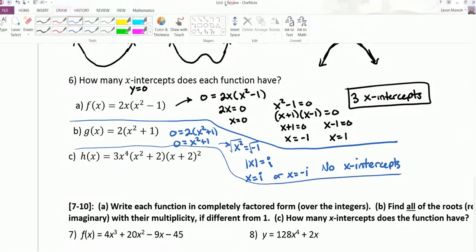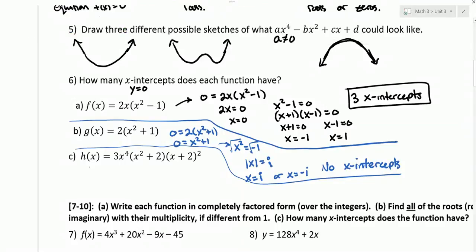And lastly, C, if we set our y value, which is h of x, equal to 0, then we can take each factor. This is x plus 2 squared, so it's really x plus 2 times x plus 2.